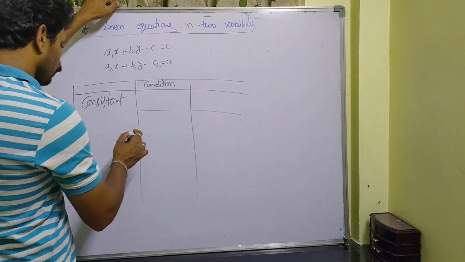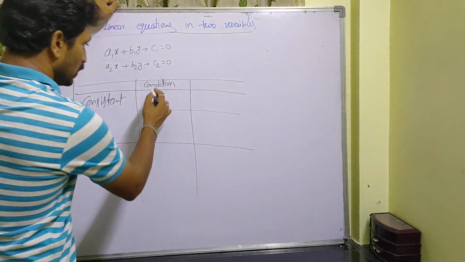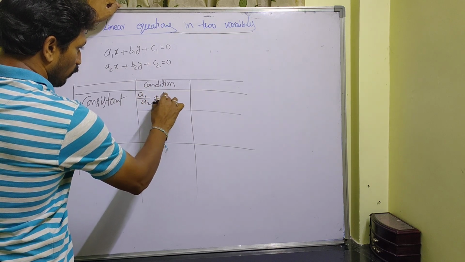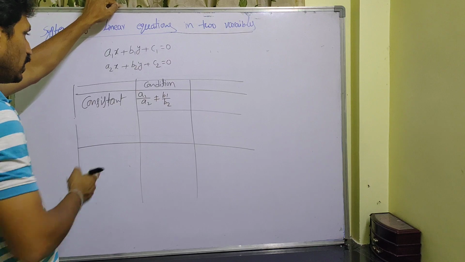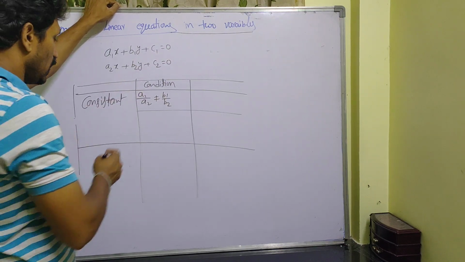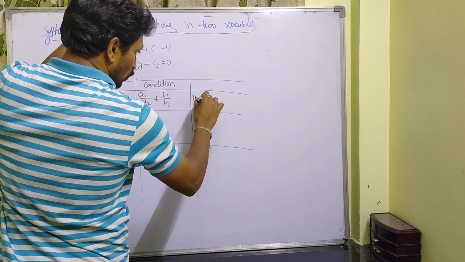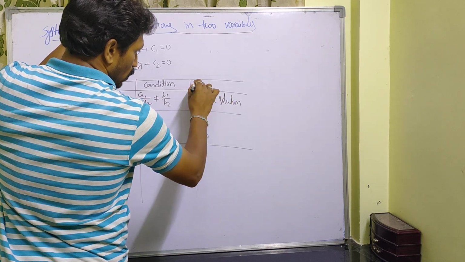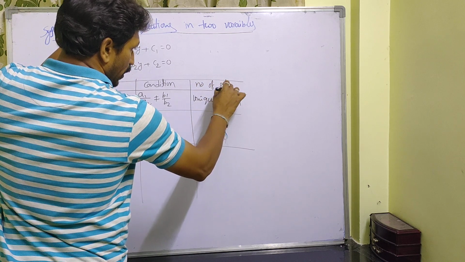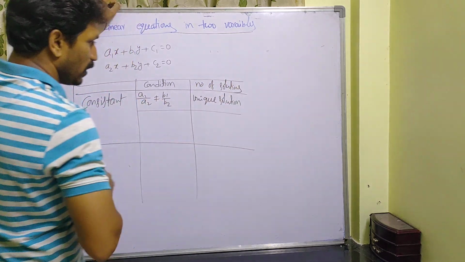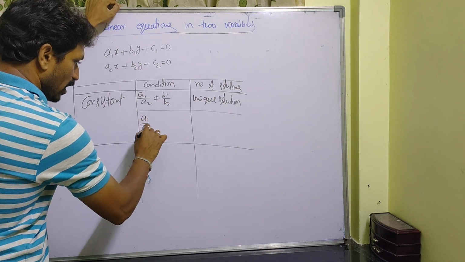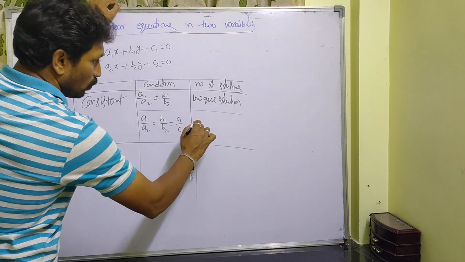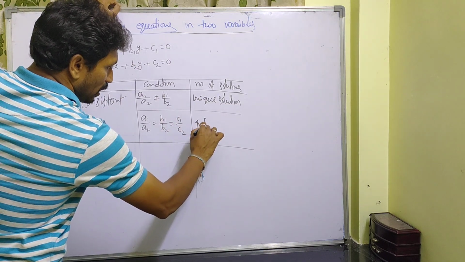If a1/a2 is not equal to b1/b2, it is consistent and has a unique solution. That is the number of solutions I am writing. If a1/a2 = b1/b2 = c1/c2, then it has infinitely many solutions.